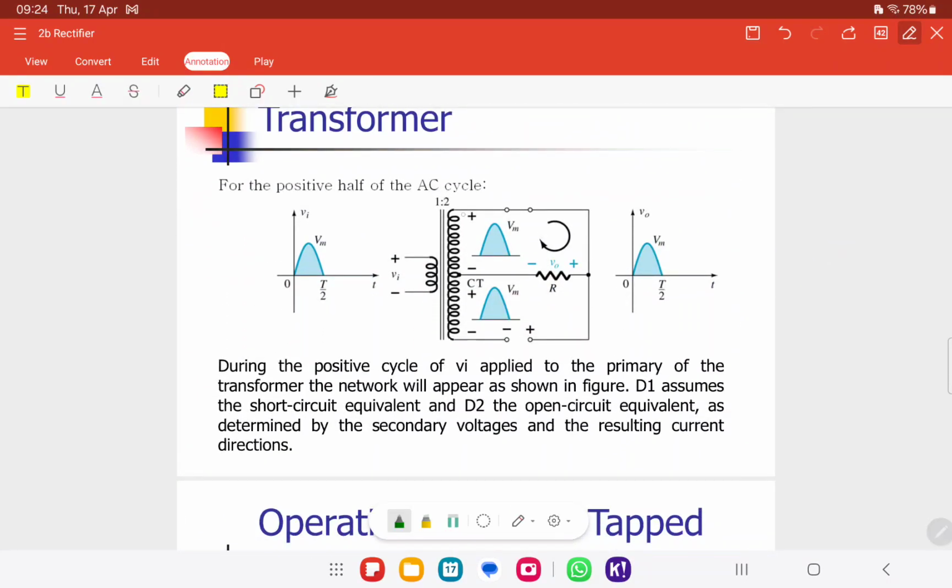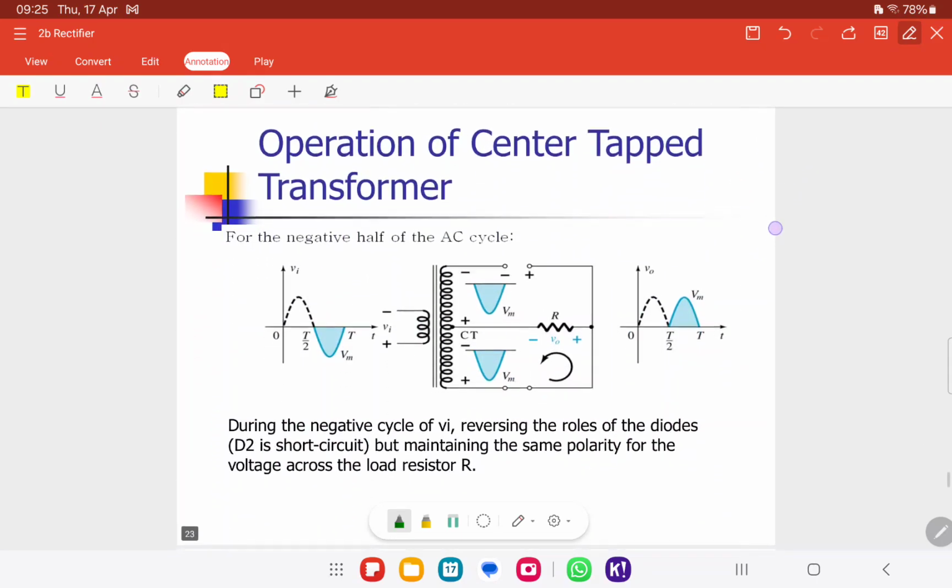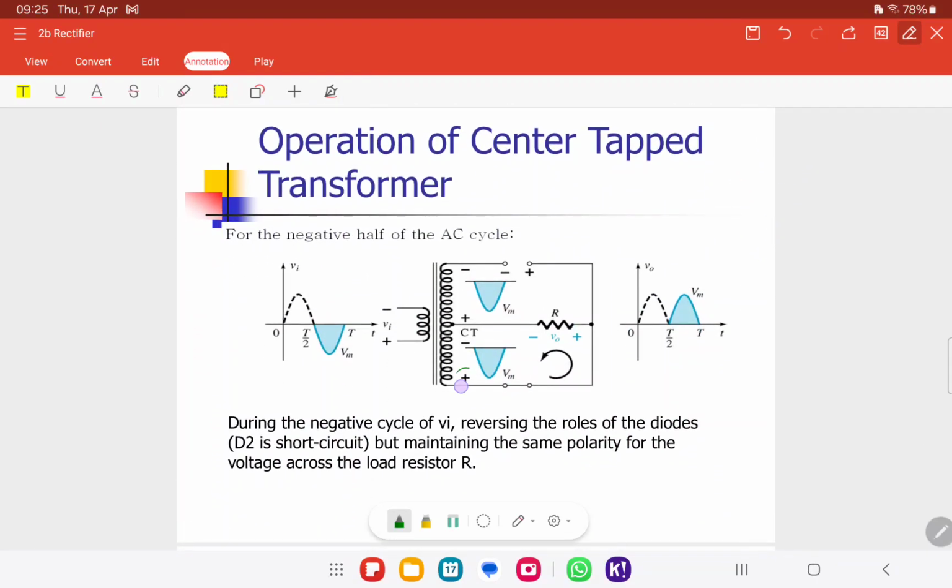For the first cycle, when it flows here, this one will be off, right? So we get the first cycle, the positive cycle. For the second one, we change the polarity here, and it flows through this one, so we get the negative cycle. That is for the negative cycle.